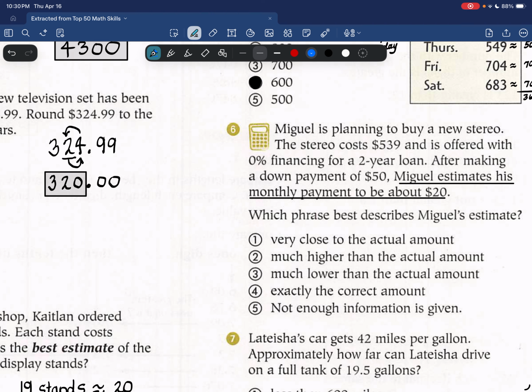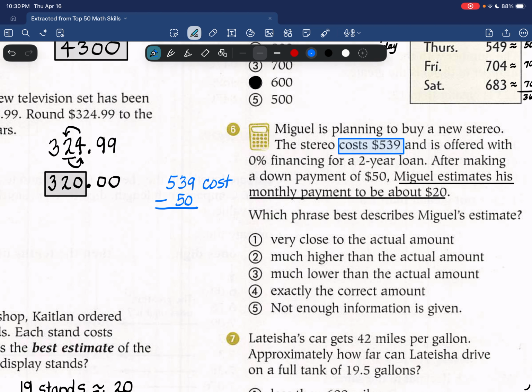The stereo costs $539, and Miguel is putting $50 down. Okay, and let me just highlight that for you. There's the cost.